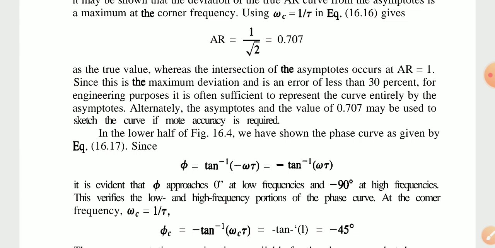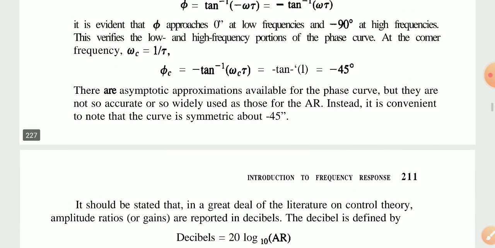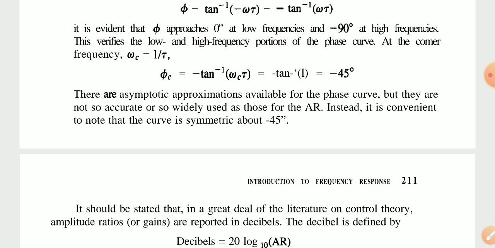We have shown the phase curve given by the equation above: phi is equal to tan inverse of minus omega tau, that is, minus tan inverse of omega tau. It is evident that phi approaches zero at low frequencies and minus 90 degrees at high frequencies. This verifies the low and high frequency portions of the phase curve.